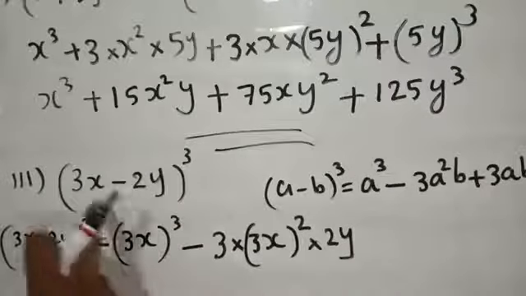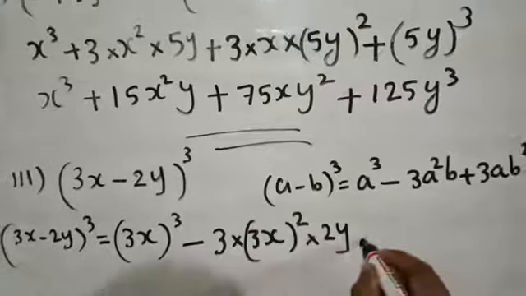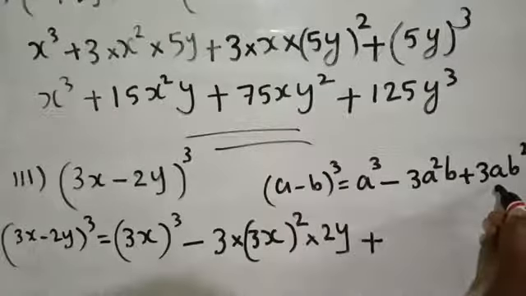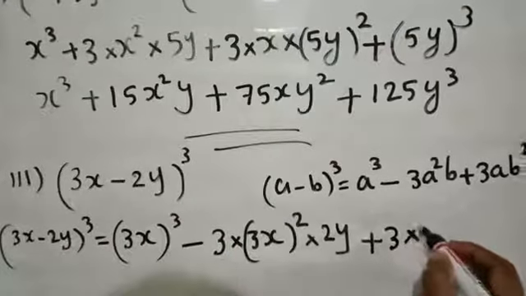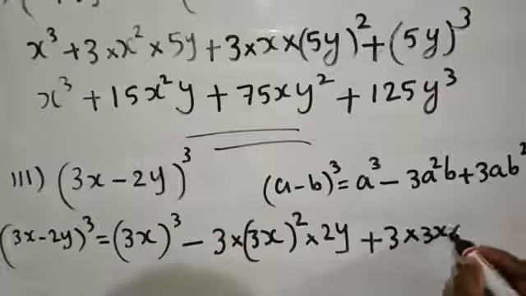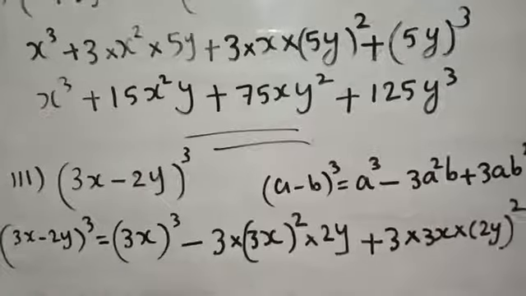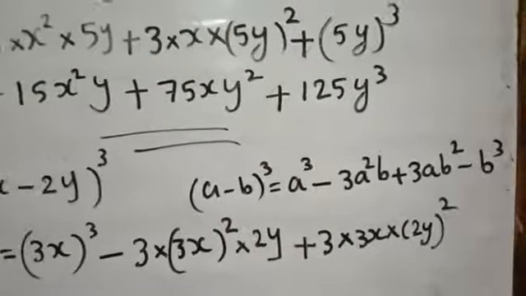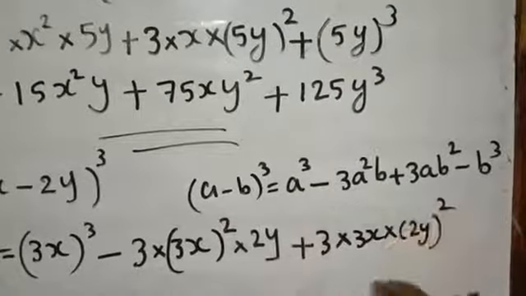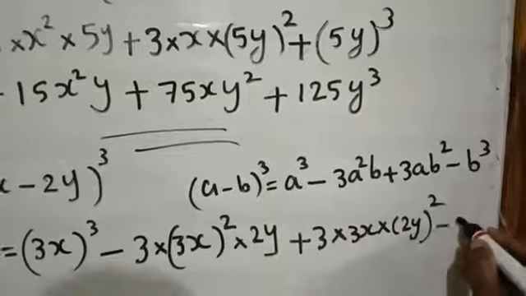So 3 into 3x square b plus 3ab square. That is 3 into what's our a? 3x into what is b? 2y square, because 3ab square, you know. So 3 into 3x into 2y square minus b cube.